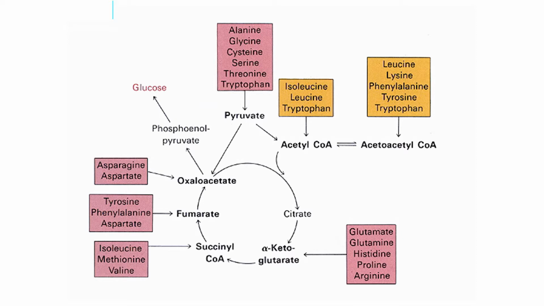They can produce acetyl-CoA and acetoacetyl-CoA. And as you see, we can use all of these amino acids to produce pyruvate.